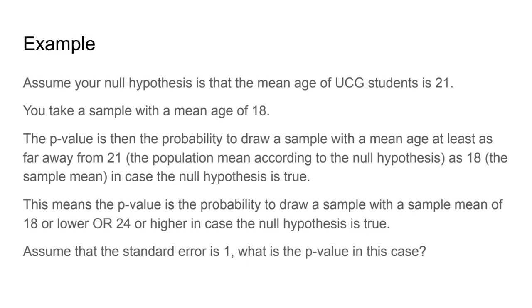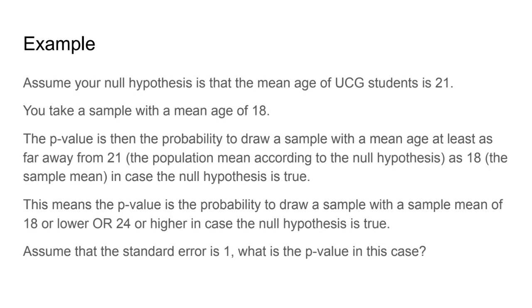And what we mean by like 18 is, the p-value is the probability that we draw a sample with a mean age in the sample that is at least as far away from 21, right, the population mean according to the null hypothesis, as 18 is, the sample mean in this case, if the null hypothesis is true.